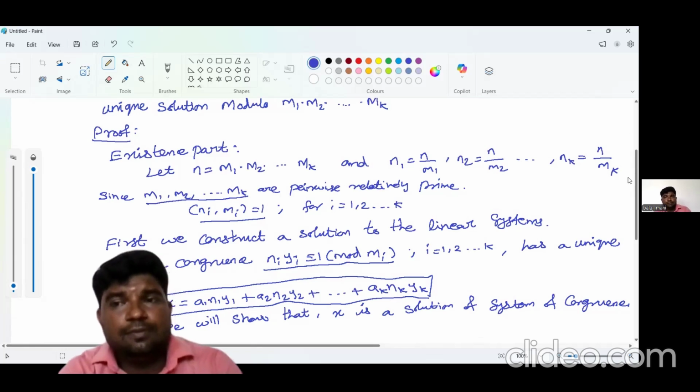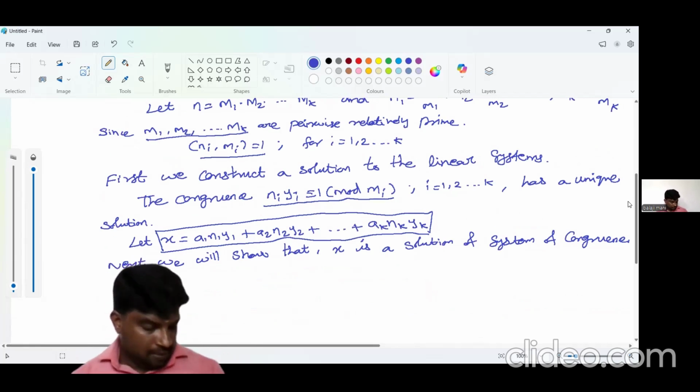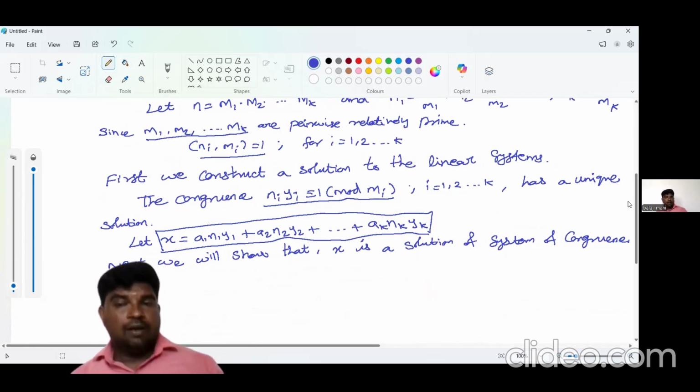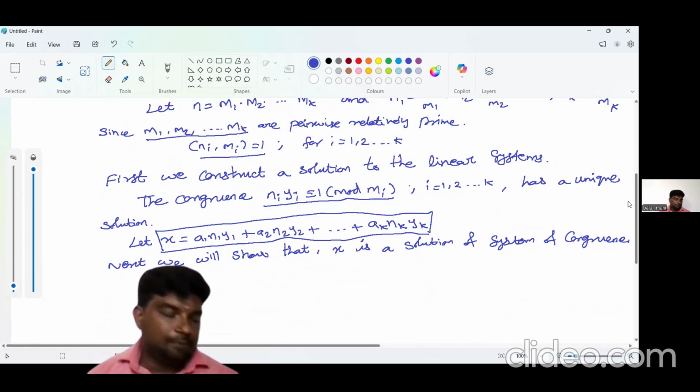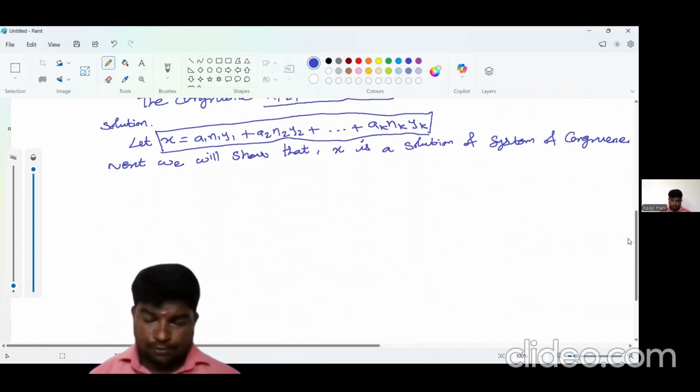Next, this x is a solution of the system. I want to prove that this x is a solution of the system of congruences.